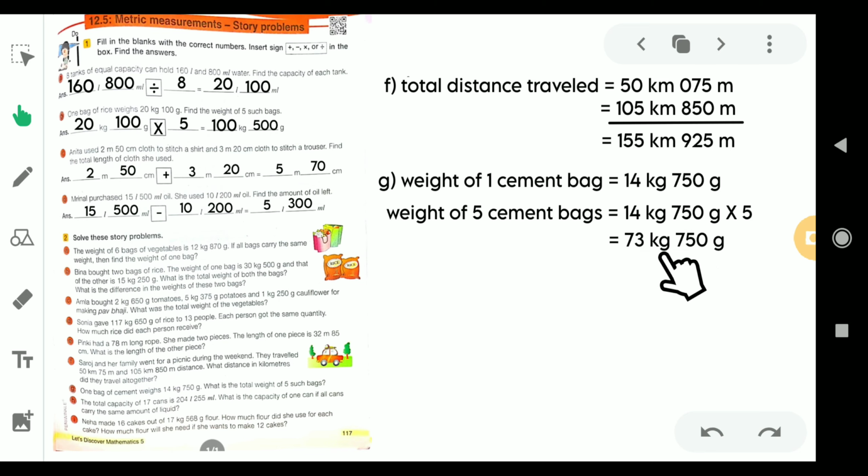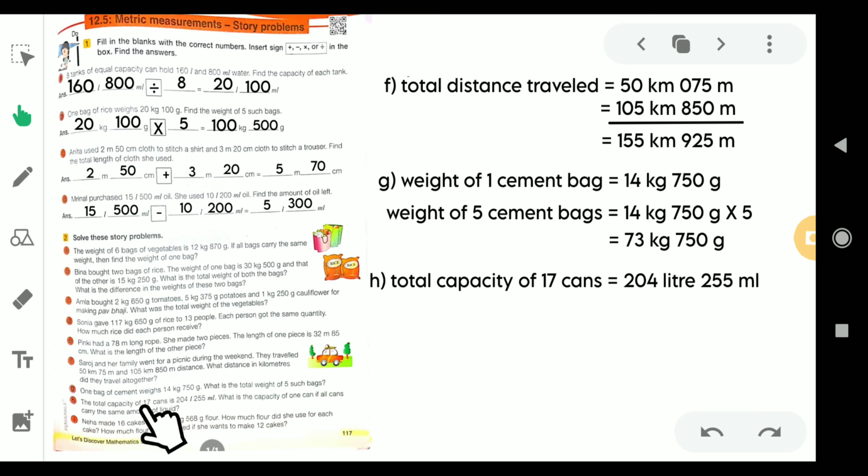Let's move on to the next question. It is H. The total capacity of 17 cans is 204 liter 255 ml, and what is the capacity of one can if all the cans carry the same amount of liquid?